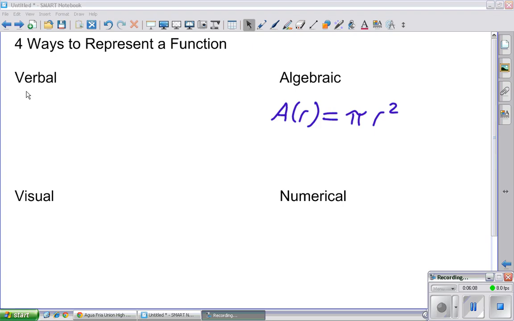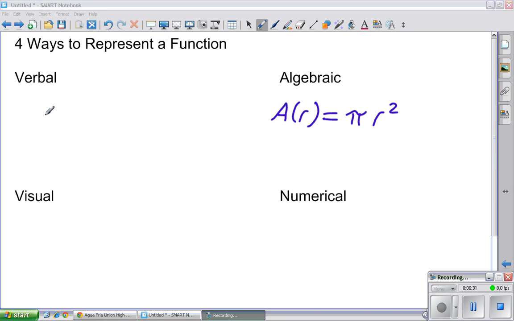There are 4 ways to represent a function. Let's start by looking at the algebraic representation. That would just be writing out the function using numbers and variables. So in this case, we have A of r equals pi r squared. You should recognize that that's the area of a circle.